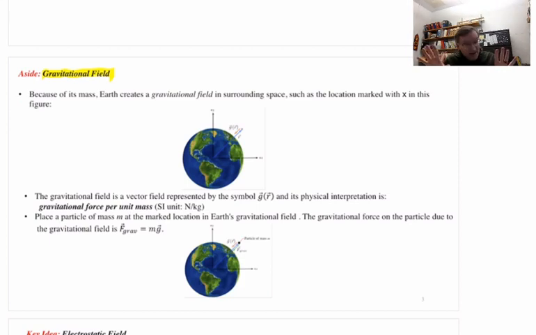There was no answer to that in Newton's time. But now we know how to think about it. The sun, just because it has mass, creates what's called a gravitational field in all of space around it. And Earth is immersed in that gravitational field of the sun. And it's that gravitational field of the sun that exerts a gravitational force on Earth.